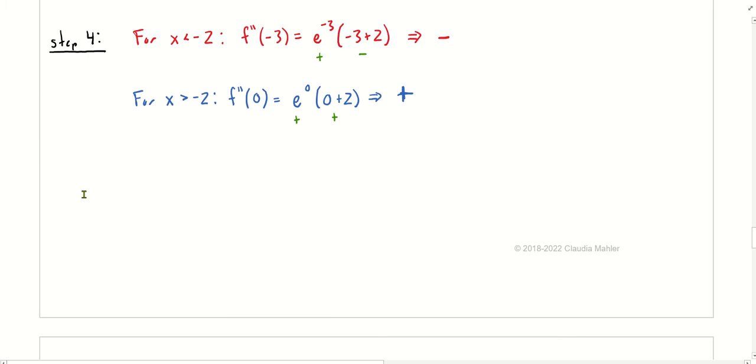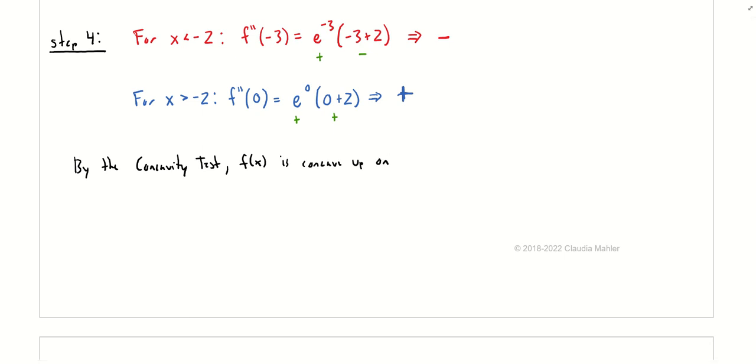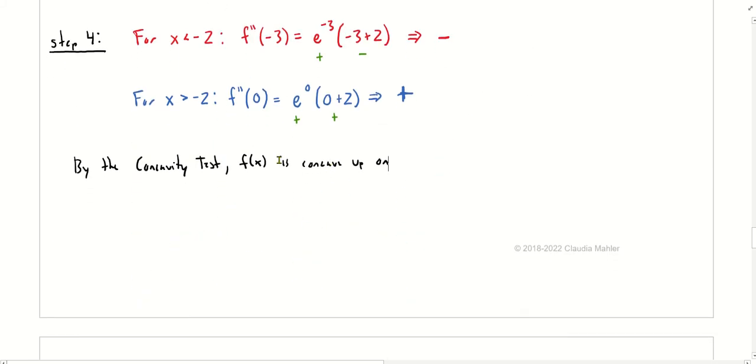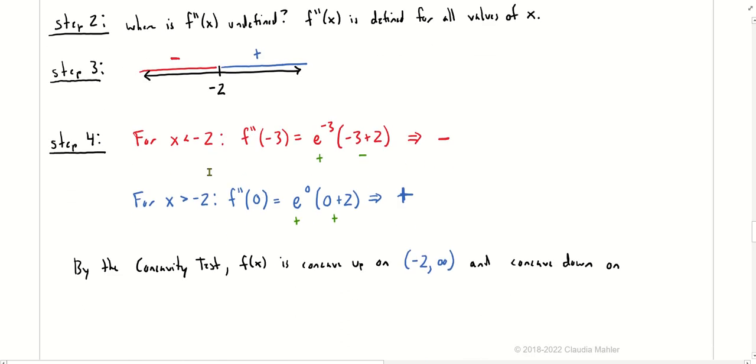So for my conclusion here, I'm going to say by the concavity test, my function f of x is concave up on my blue interval, where my second derivative was positive, which is from negative 2 to infinity. And concave down on the interval that was red, which is from negative infinity to negative 2.